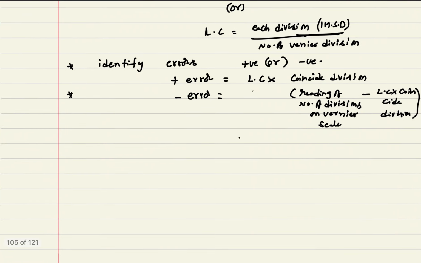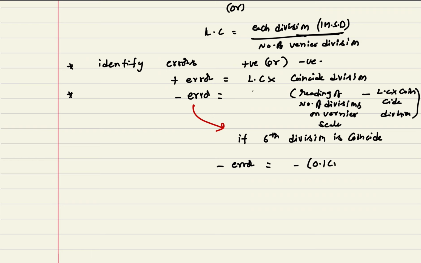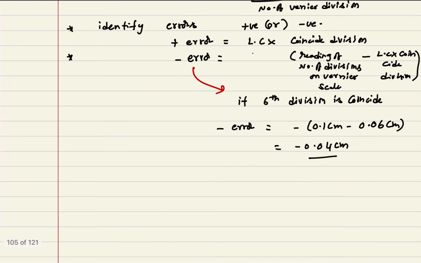Again, if the sixth division coincides, in case of negative error, I am writing the sixth division coincides. Now the negative error is equal to minus of 0.1 centimeter minus 0.06 centimeters. That value is minus 0.04 centimeters. Observe this. This is only in case of positive error.